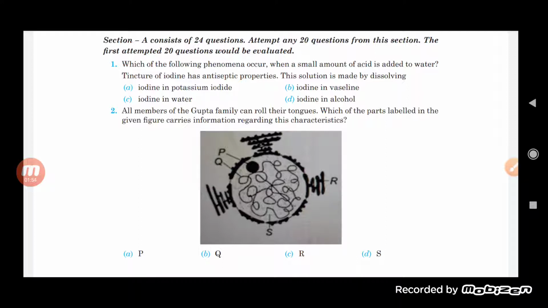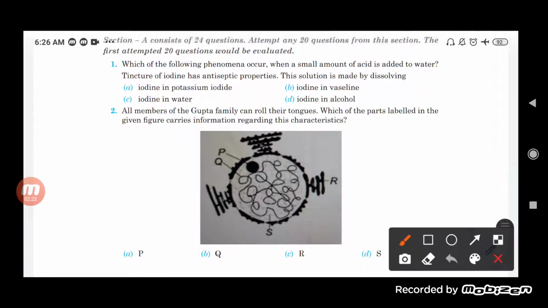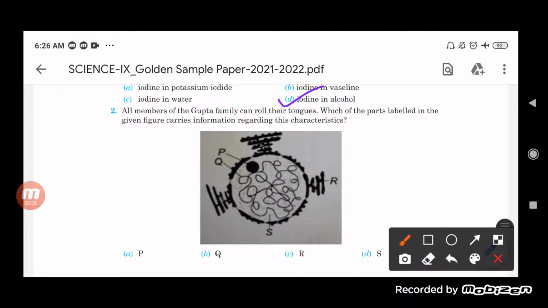This solution is made by dissolving what? You know that tincture of iodine is made when we mix iodine in alcohol. So the answer will be D, that is iodine in alcohol. As you can see, the other options are iodine in potassium iodide, iodine in Vaseline, and iodine in water. But the correct option is iodine in alcohol.